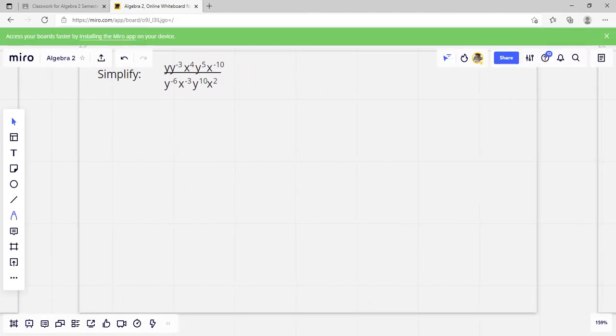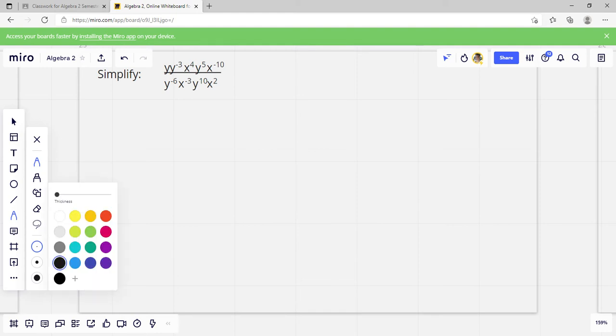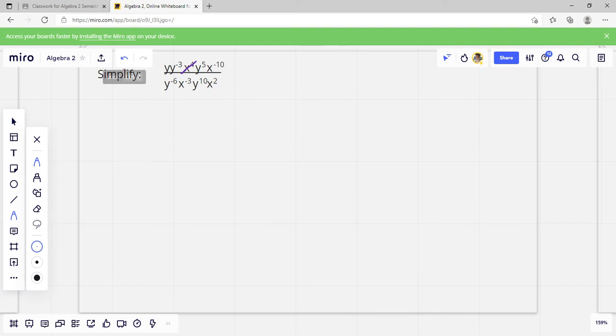Alright, here's another one. Here we've got a bunch of x's and y's. Alright, so let's count up all of our x's first. So we've got x to the 4th, so 4, and negative 10. So that's going to be x. 4 and negative 10 would be negative 6.